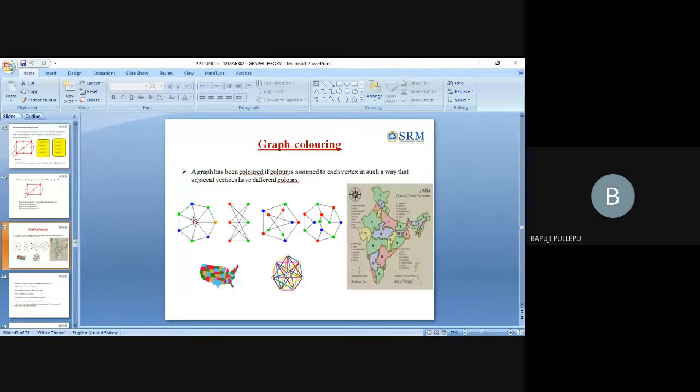A vertex can have any color, but adjacent vertices will have different colors. That is graph coloring. So this is adjacent, this is different; this is adjacent, this is different, and so on for each adjacent pair.